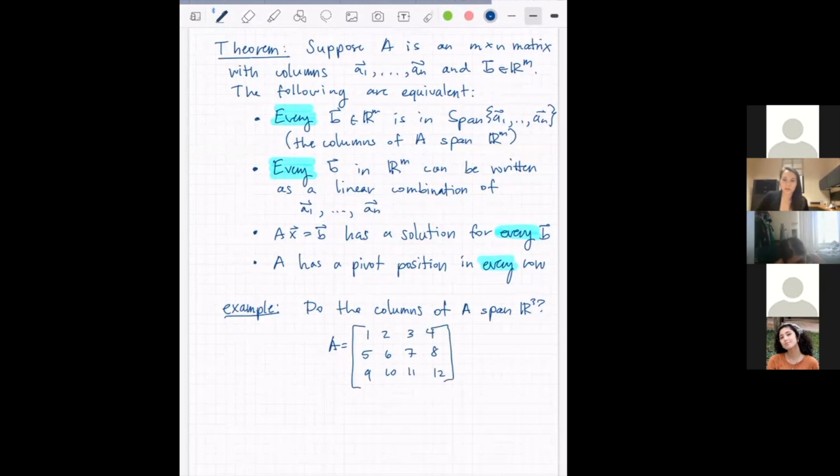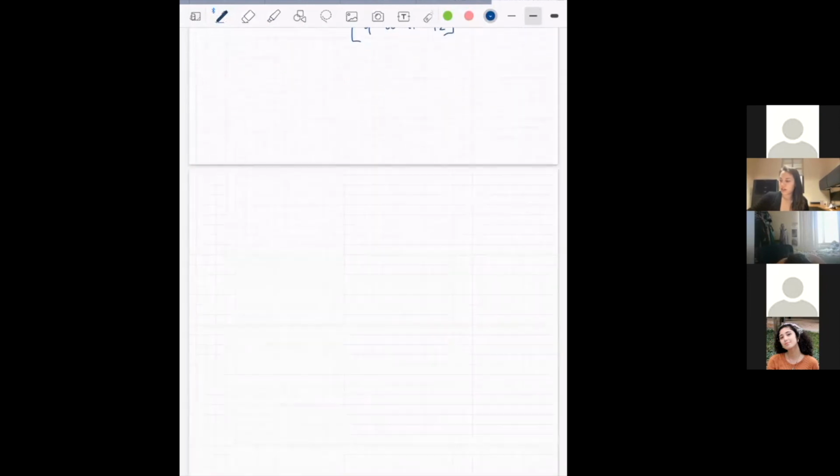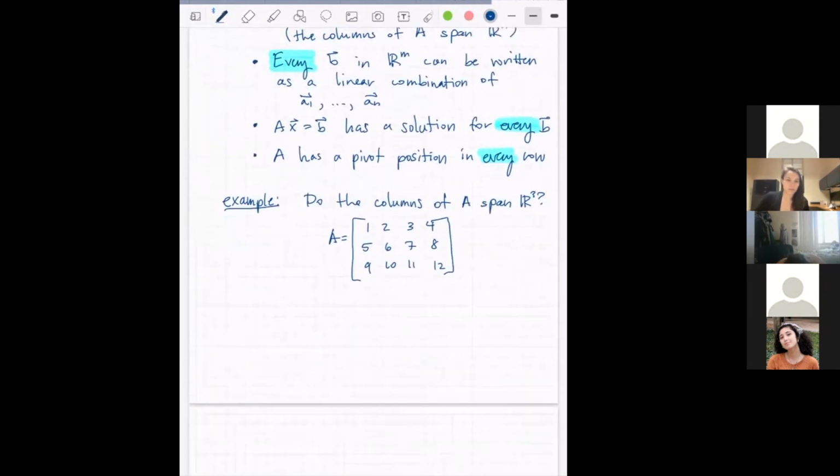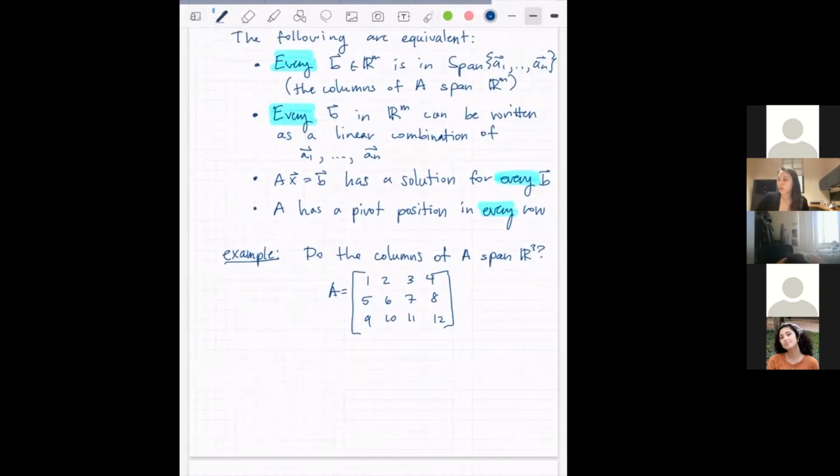We want to figure out whether this will span R3. Basically we're going to row reduce this and look at the pivots, because that will be the easiest way to go about this.